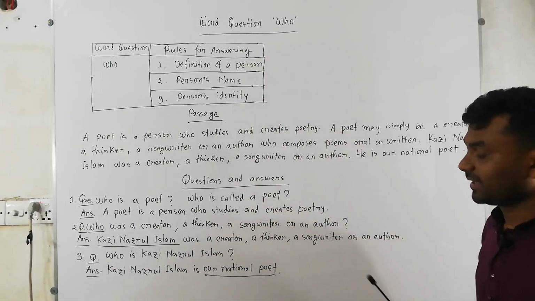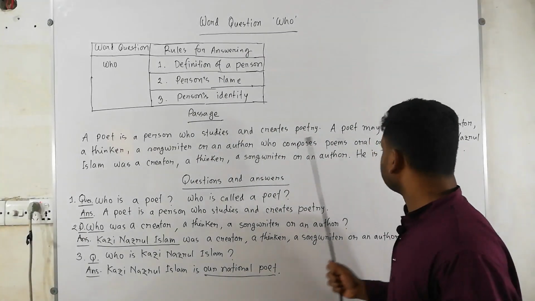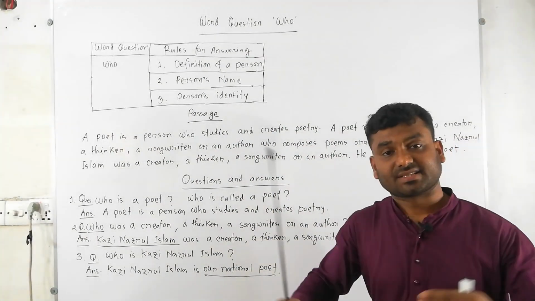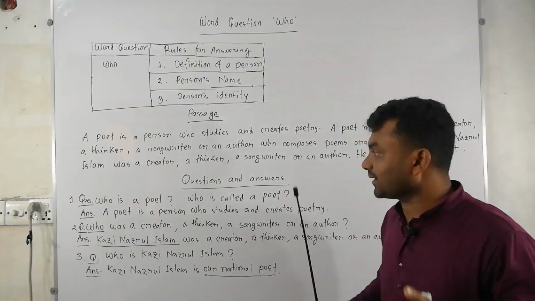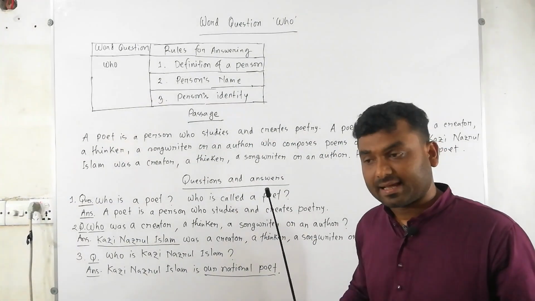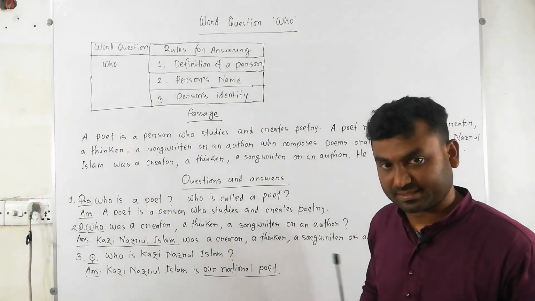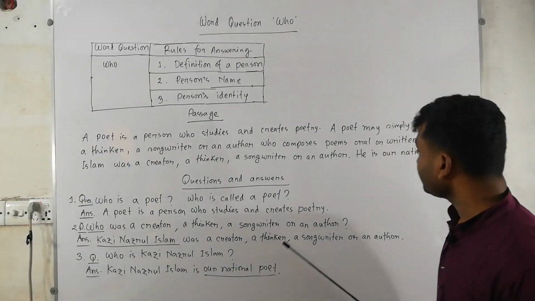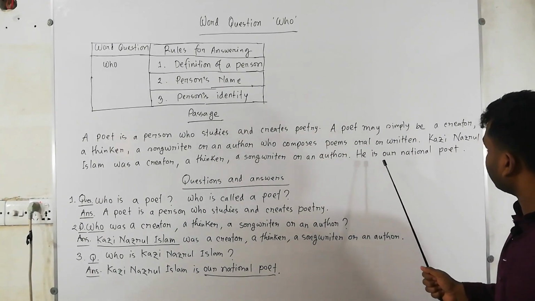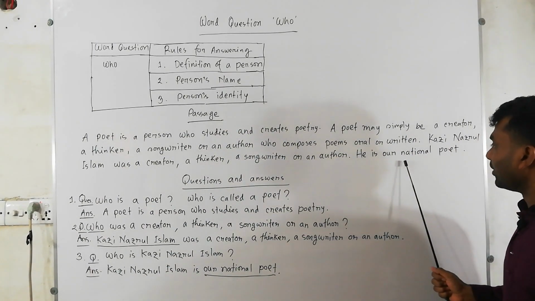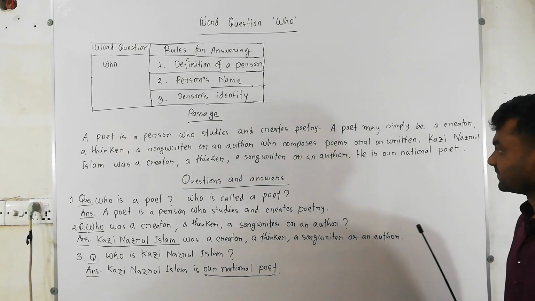That's why we can consider Qazi Nazrul Islam a great poet, because he has a lot of the characteristics of a poet. Now, the third number, I think the last one: he is our national poet.